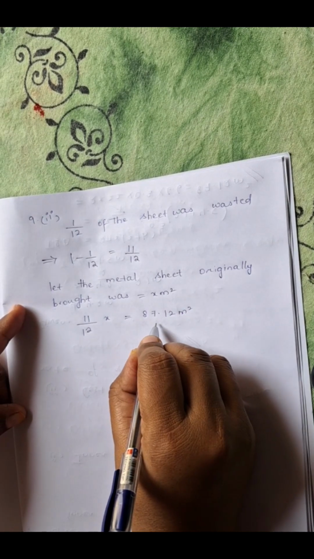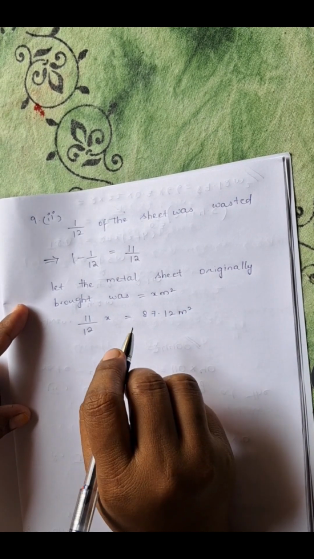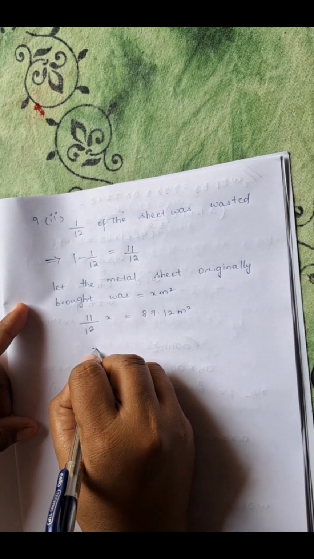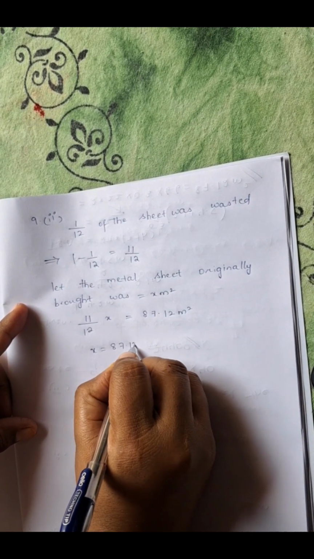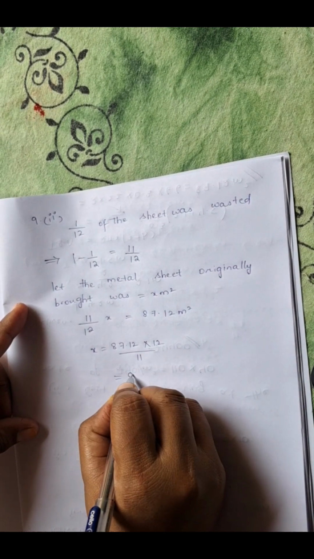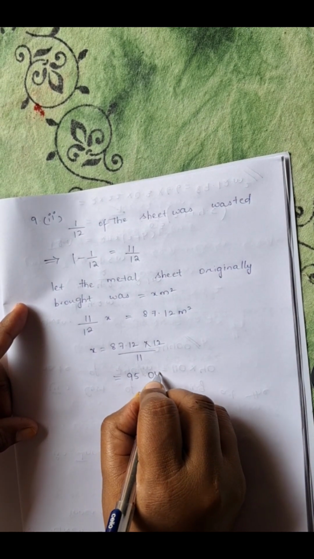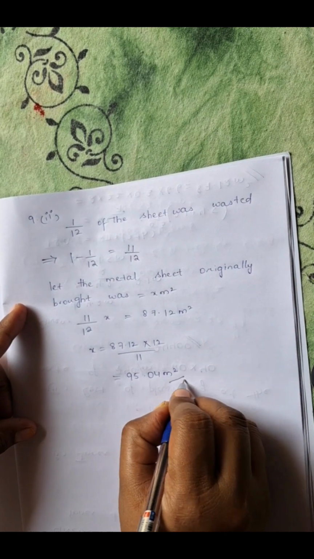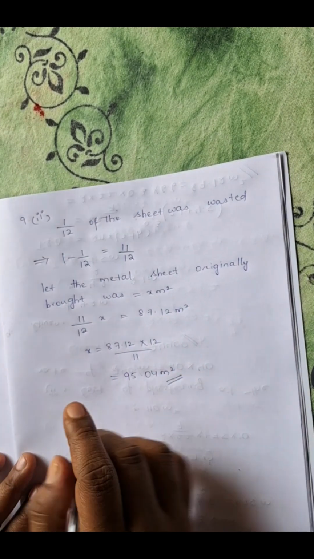This is the total surface area which we found out, right? So 11/12 x is equal to 87.12. So x is equal to what? 87.12 into 12/11. If we calculate this, we'll get 95.04 meter square. Okay. So this part of the steel has been used, right?